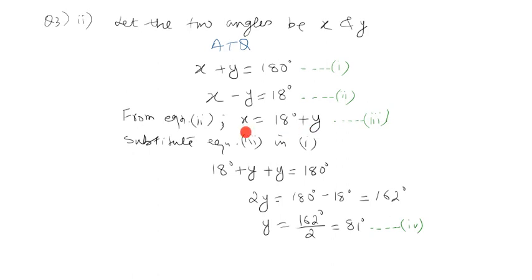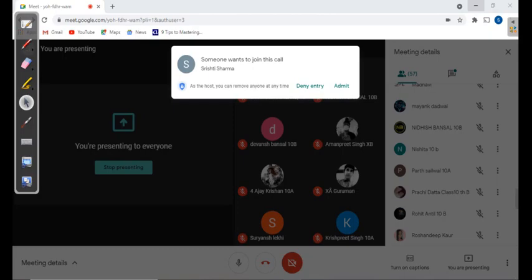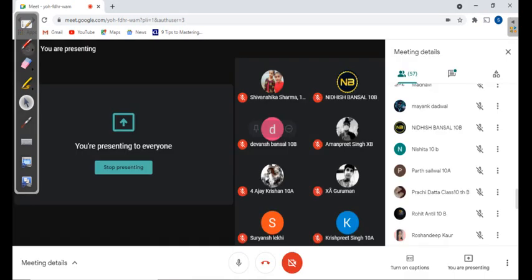You can make this a second equation because they're saying the greater is the smaller plus 18. So you can write this as the second equation. You can avoid this one, and you can do it. There's no problem. So this way this question is done. Now let us go to the next question.